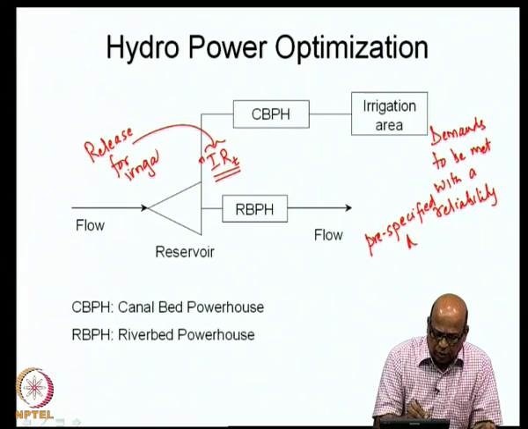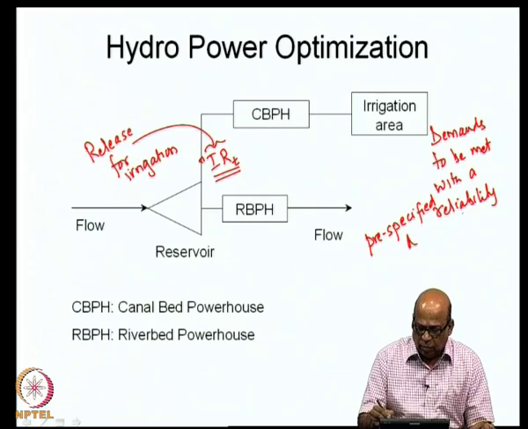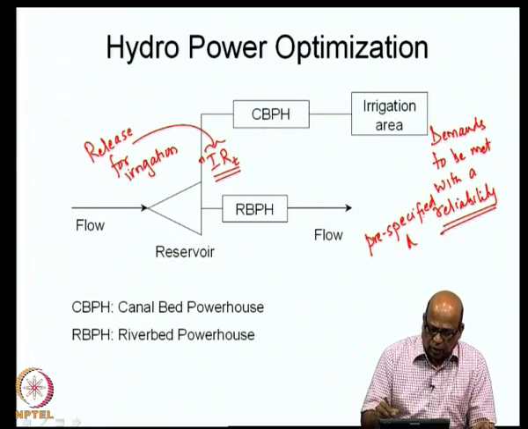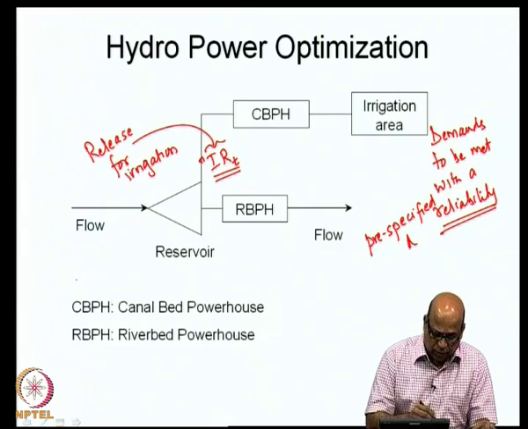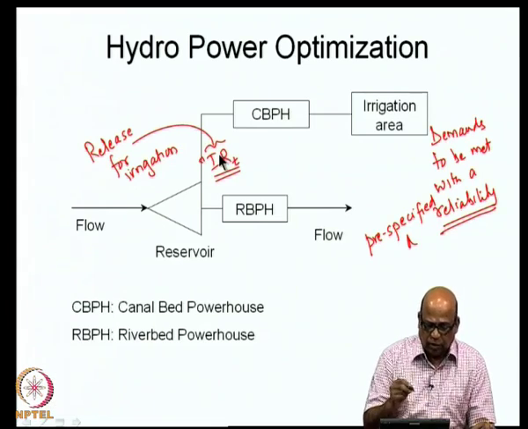Now, this becomes random because it is dependent on the reliability we are specifying here, and that reliability will be achieved by the flow that is available or the supply that is available, and therefore, this becomes random.